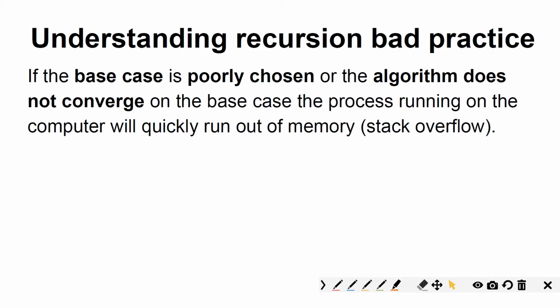And here, of course, is the bad practice when using recursion: if the base case is poorly chosen, or the algorithm does not converge to the base case, the process running on the computer will quickly run out of memory. You will get a stack overflow.